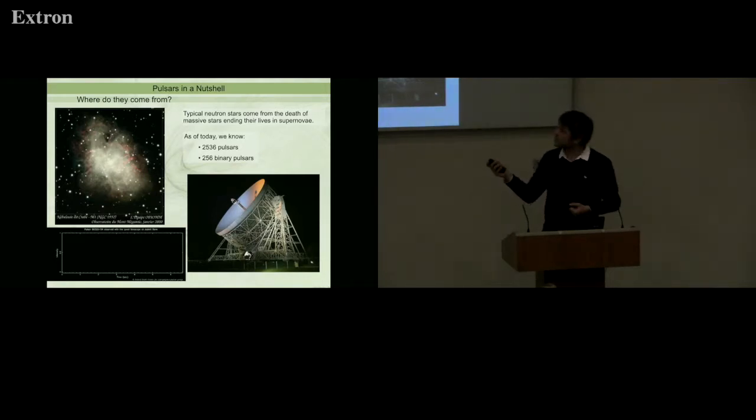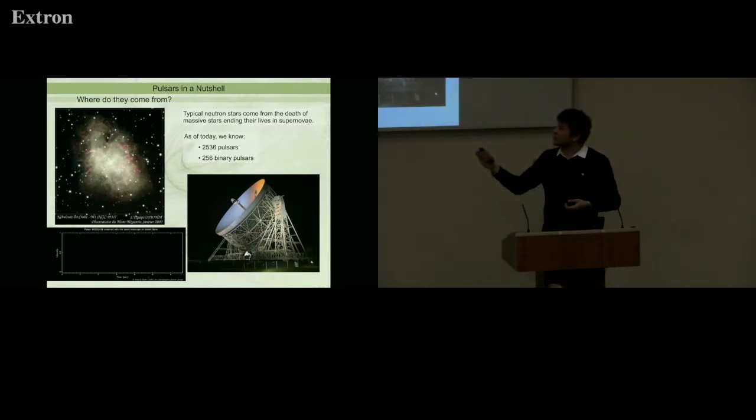On this image here is a very famous nebula, a big cloud of gas floating in space. This one is called M1, Messier number 1, discovered by Charles Messier, and you can observe it with a small amateur telescope. It is the remnant of one of these supernovae that exploded in 1054 of our era, about 1,000 years ago.